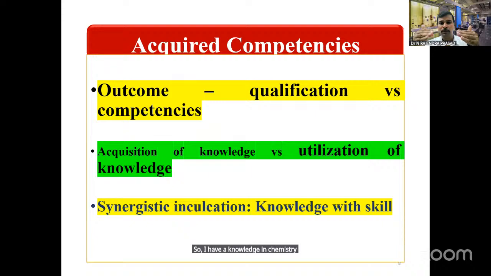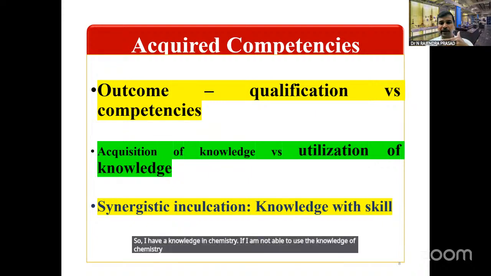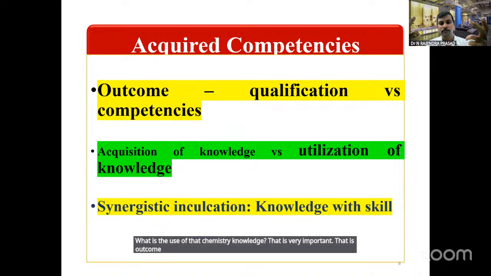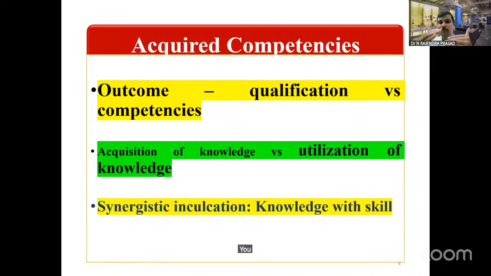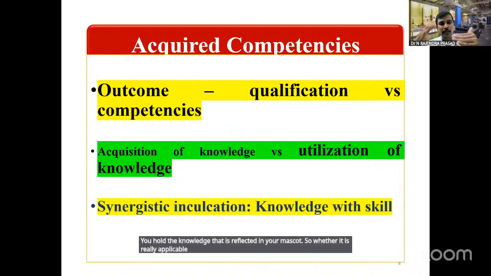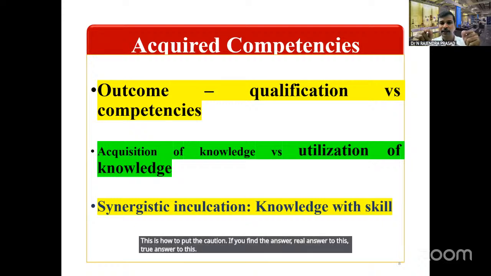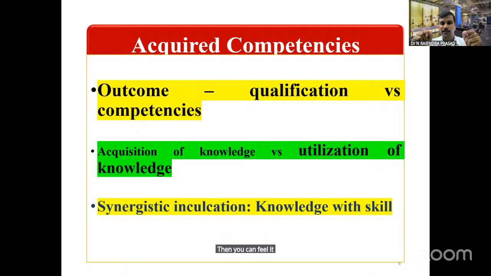If I am not able to use the knowledge of chemistry in the laboratory in the context of the practical aspects, what is the use of that chemistry knowledge? That is very important. That is outcome-based education. You have the knowledge that is reflected in your marks card. Whether it is really applicable to the practical context or not, you have to put that question. If you find the true answer to this, then you can feel it is utilized. This is outcome-based education.